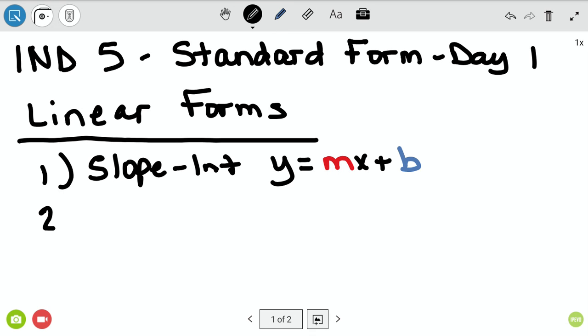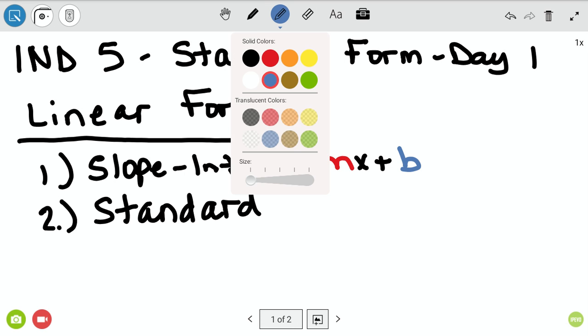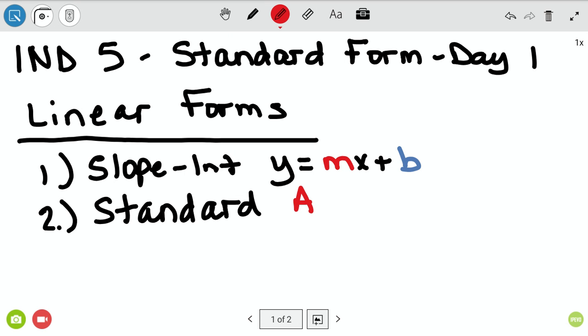Now, today we're going to talk about, and tomorrow we're going to talk about standard form. And in standard form, you've got ax plus by equals c.